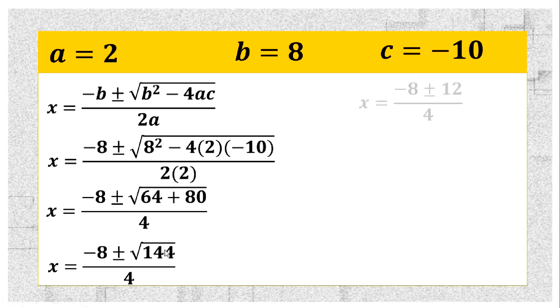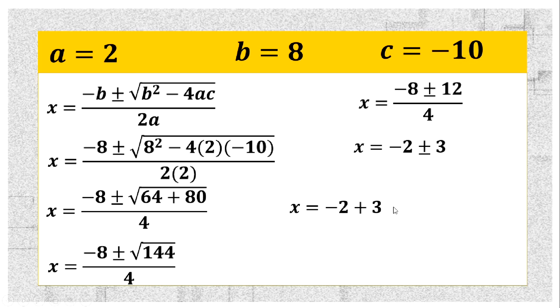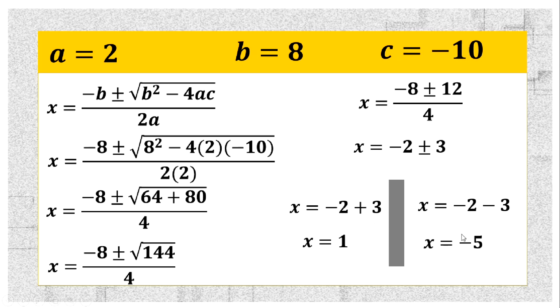Square root of 144, we have positive and negative 12. Okay, simplify natin. Negative 8 divided by 4 is negative 2 and 12 divided by 4 is 3. So, for our x values, we have x is equal to negative 2 plus 3 and x is equal to negative 2 minus 3. Simplifying, x is 1 and x is negative 5. So, these are the roots of the equation.